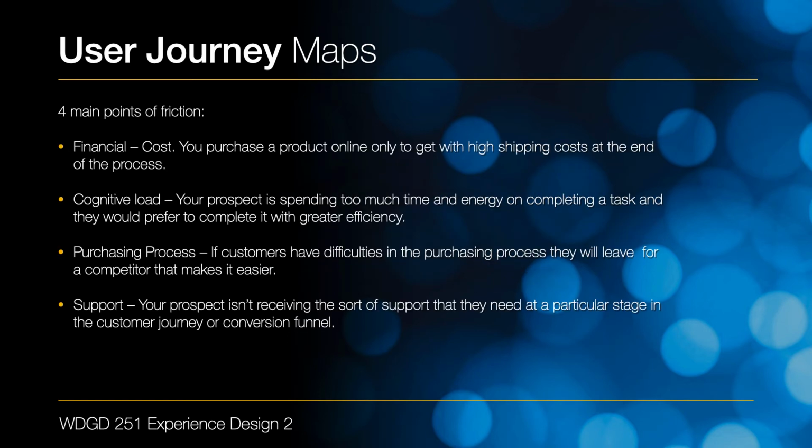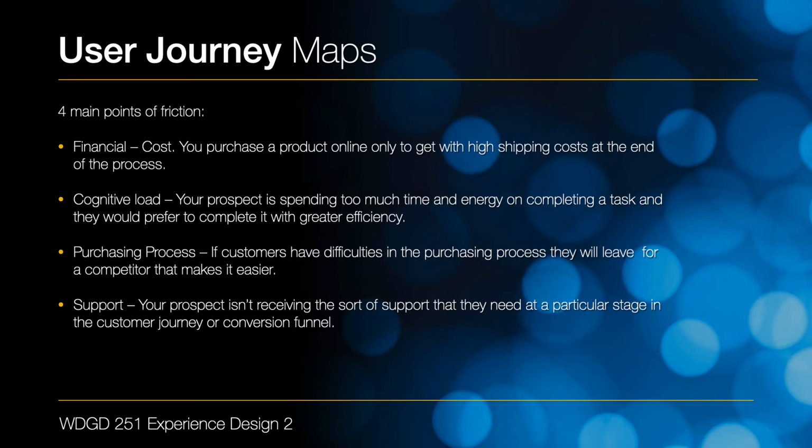There are many, many points of friction, but you can summarize them into four main points. All the rest fall under the umbrella of these four. One is financial, so cost. Whenever you're purchasing something, cost can be a huge factor in whether people think what they're getting is of value.